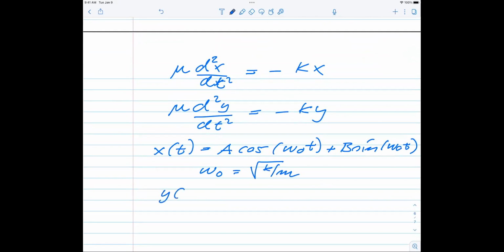And then we have a similar solution for y of t, which is now given by c times cosine of omega times t plus d times sine of omega t. So now we can start thinking of choosing initial conditions.